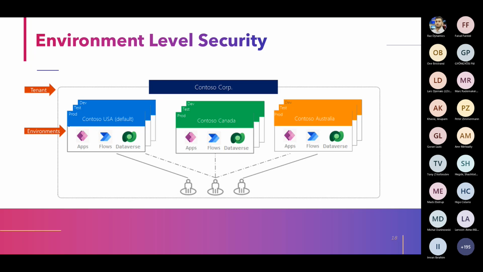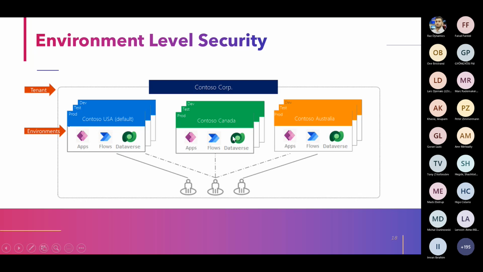In this image, you can imagine I have three containers, or three environments: environment 1, 2, and 3, and each environment is nothing but a group of resources. Environment 1 is called Contoso USA, and it has apps, flows, and Dataverse.